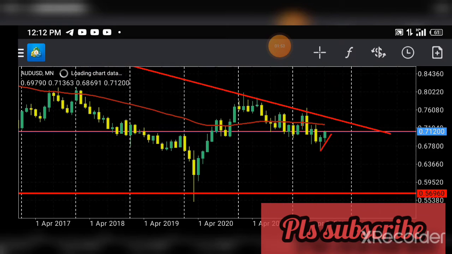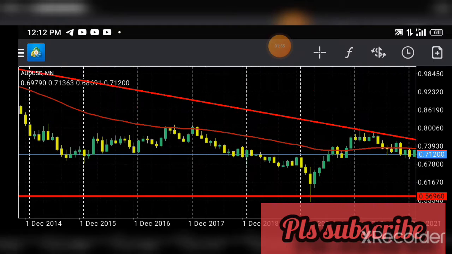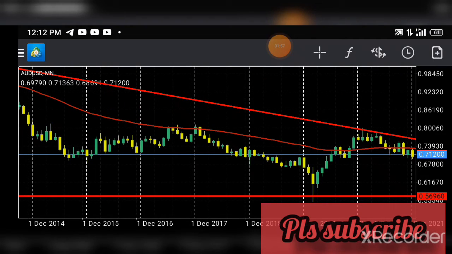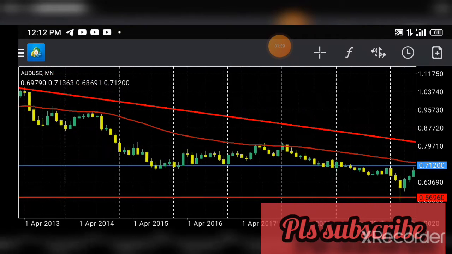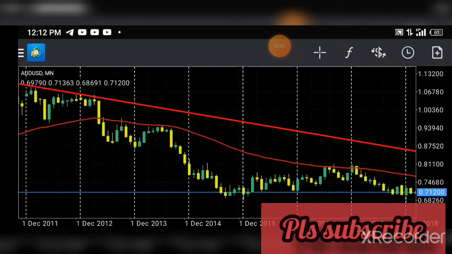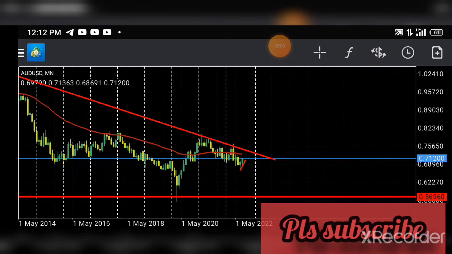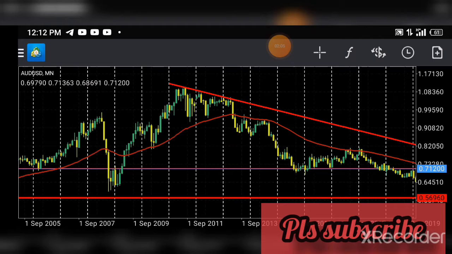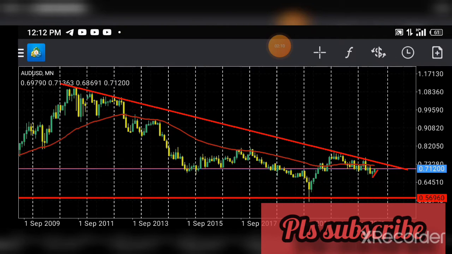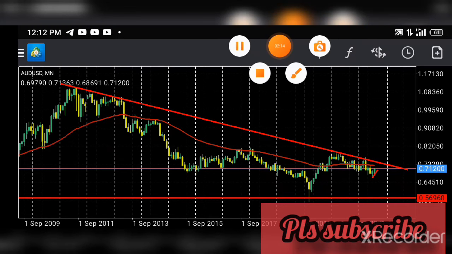So here is the monthly time frame, and what is going on here is that we are currently on a downtrend in the Australia USD, because of what had been happening. This was the recent high, and this was the recent low.